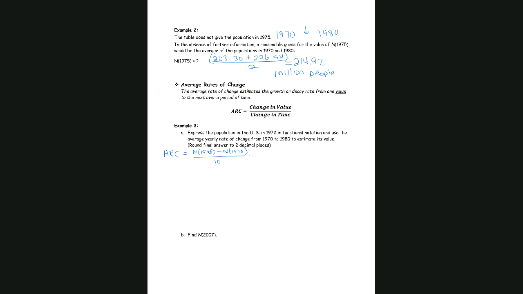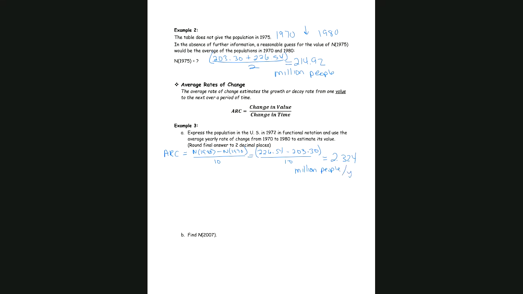So let's substitute the values: 226.54 minus 203.30, divided by 10, and don't forget the parentheses. It leaves us with 2.324 million people per year. This is a rate.